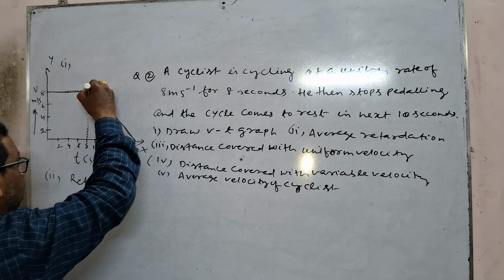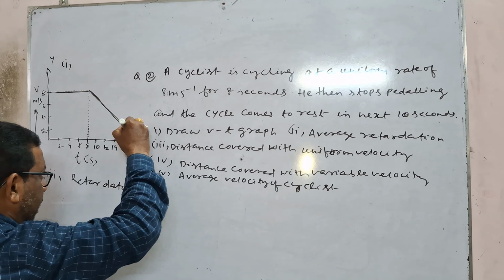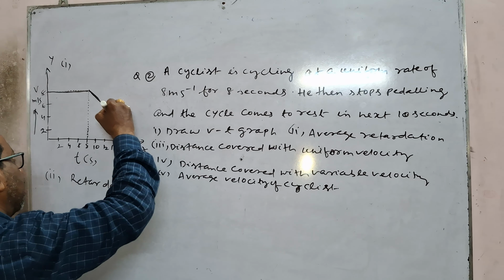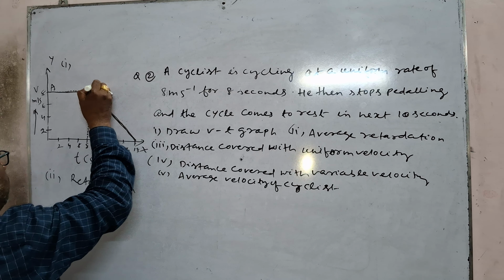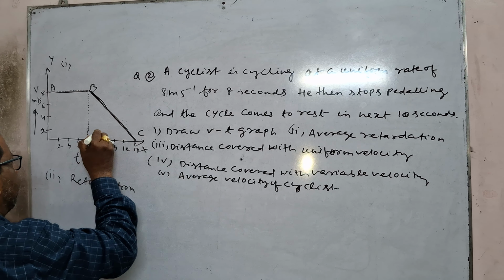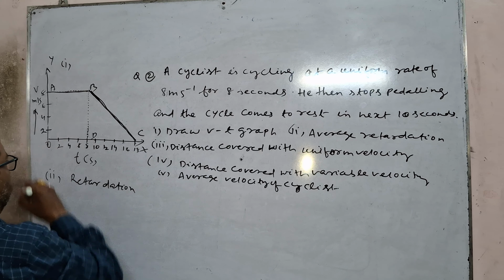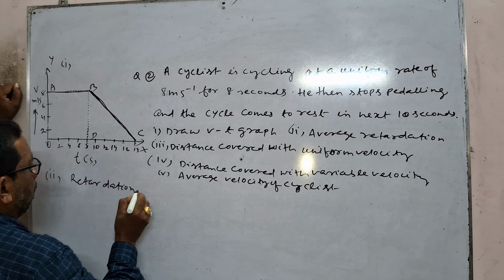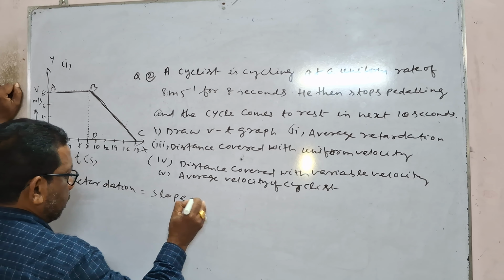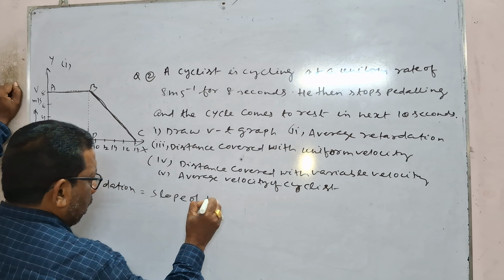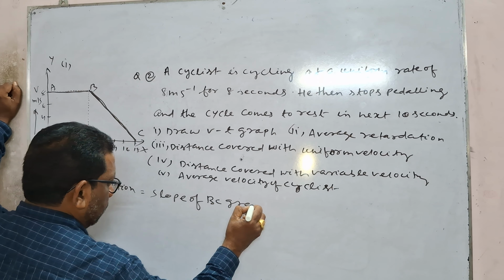In this part of the graph, retardation takes place. So name the points A, B, C, D, O. Retardation is equal to the slope of graph BC.